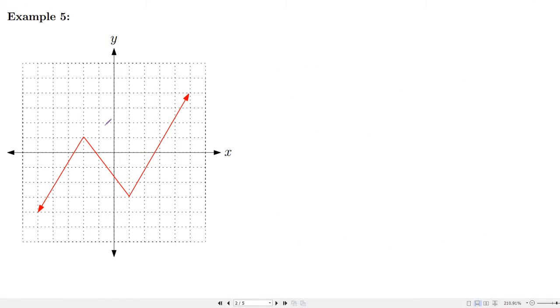So considering another example like this one, what do we have in this situation? The domain here, what are the allowable inputs? Are there any restrictions here? Well, it looks like we have inputs for all real numbers again, right? For every single one of these x values, there is an output. So for this x value, we are going to have this output here.